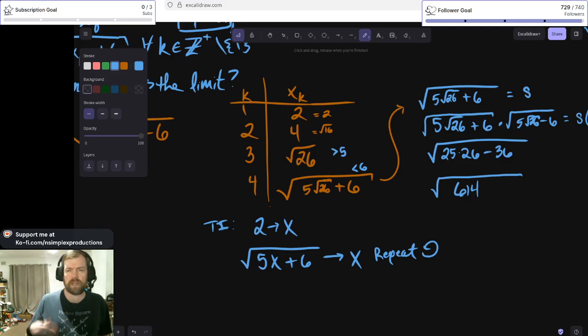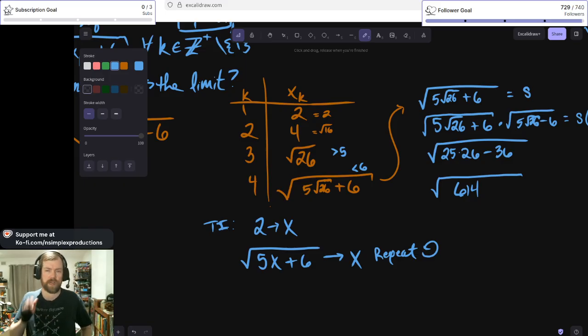And then as we keep thinking about this, how is that going to get close to anything in particular? Well, what if the value of x got really close to, let's say, 6?